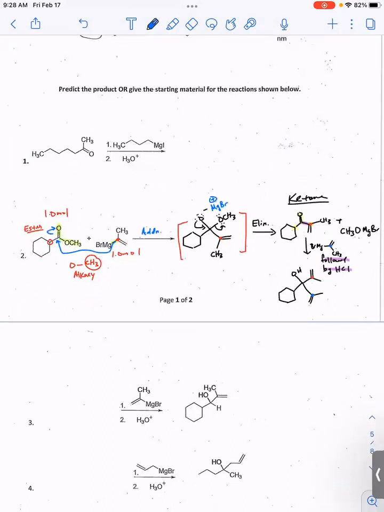Same mechanism, same arrows. The only difference is instead of attacking the ester in that second part, you're going to attack the ketone. Any questions?